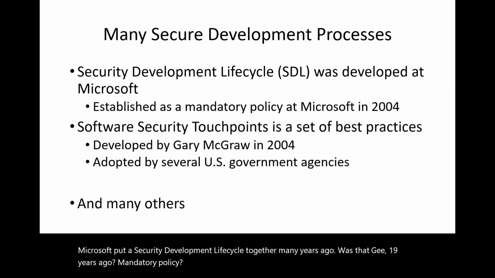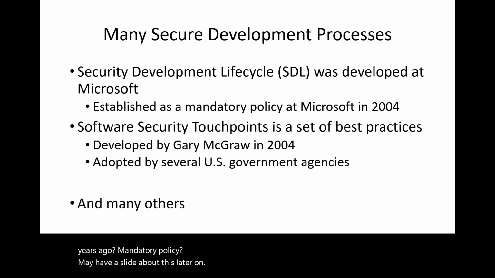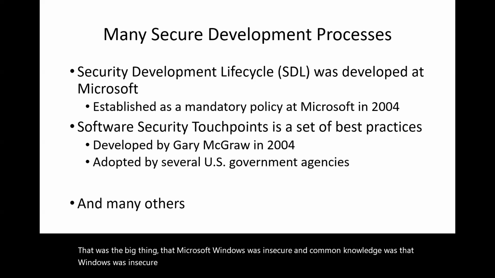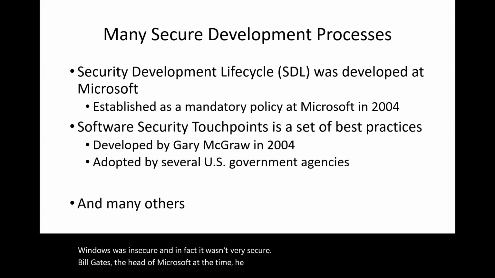I may have a slide about this later on, but I'll waste that slide now and tell you about it. At one point, everybody thought Microsoft Windows was insecure. That was the big thing, and common knowledge was that Windows was insecure. And in fact, it wasn't very secure. Bill Gates, the head of Microsoft at the time, he no longer is, he retired as head of Microsoft, said, we've got to do something.